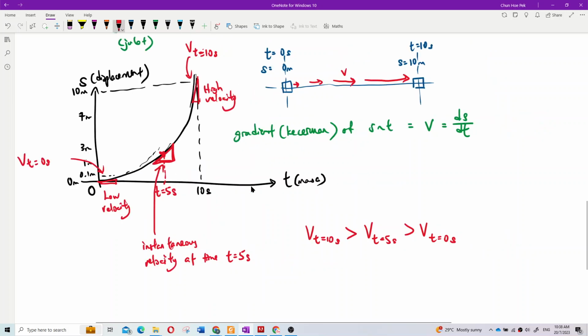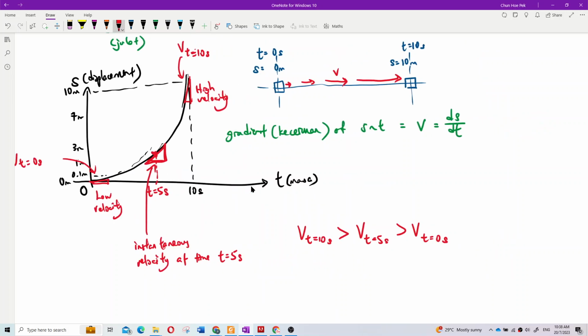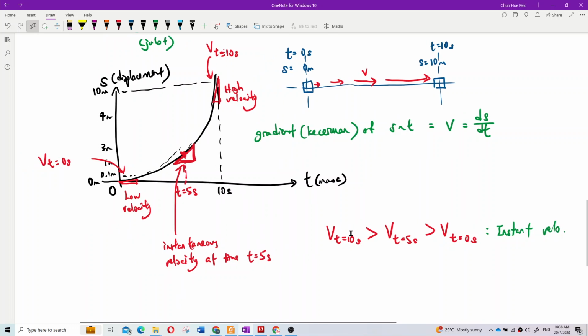Understand not? Understand, sir? This is what we call the instantaneous velocity lah. Instantaneous velocity at certain time. Okay. So they have different velocity because dia objek semakin memecut, semakin laju. So velocity pada 10 saat paling laju lah berbanding dengan yang 0 saat.